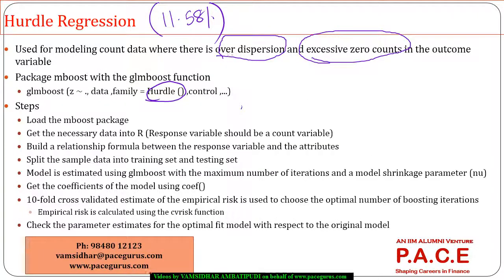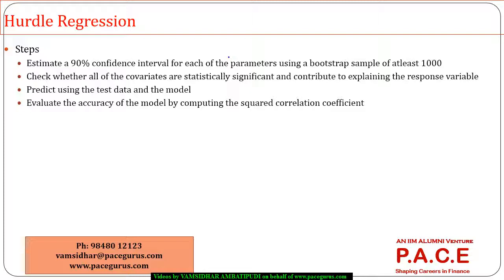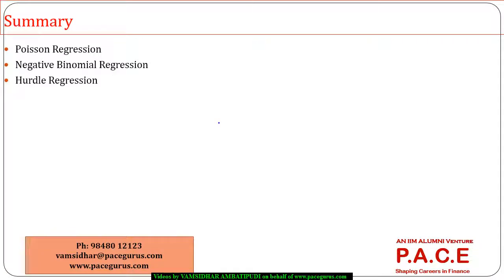So again, we could have used any one of these models for doing the prediction based on the understanding of how the response variable is, what kind of relationship the response variable is typically carrying. Well, so these three models should help you to understand that I can still use the GLM boost function from the mboost package to model a response variable which is a count variable.